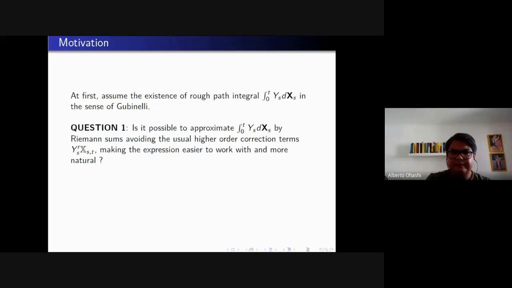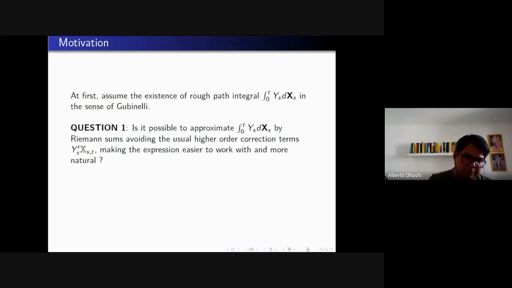More precisely, first of all, I want to assume the existence of the rough path integral in the sense of Gubinelli. The first question that we want to address is: is it possible to approximate the rough path integral in terms of usual Riemann sums, if you make use of the probability measure?